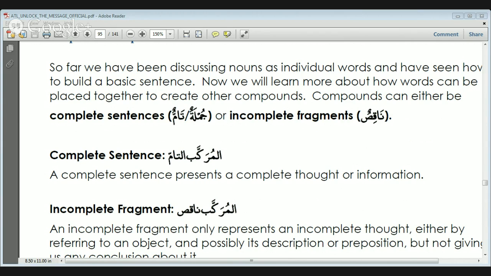And guess what? What chapter number was that? 9. We just finished chapter 9. That's all it is. There's a whole chapter which says that there are these 4 things. That's it.